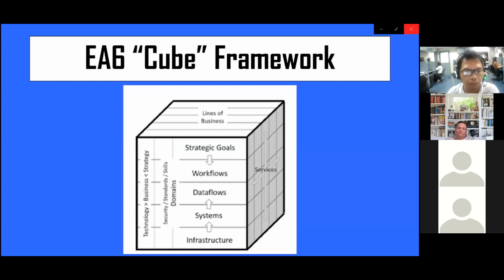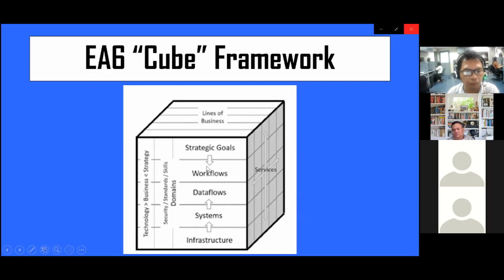So here is an example. One of the elements of EA as an analysis and design methodology is the framework. I've also mentioned this a while ago. The framework is the scope. Here's an example of a framework: the EA6 Cube framework. It's a type of framework that prioritizes strategic goals, workflow, data flow, and systems. What holds that together, of course, is the line of business and the services.